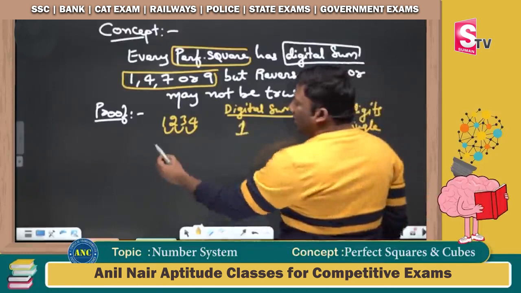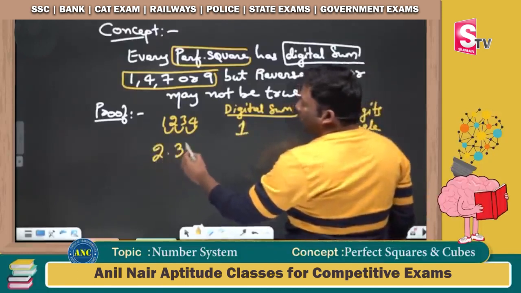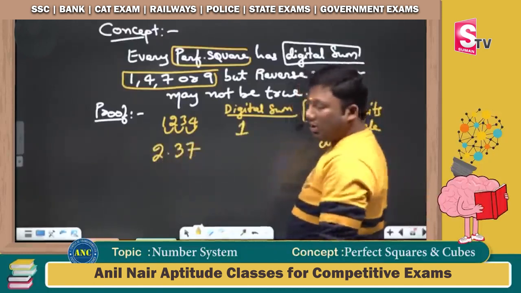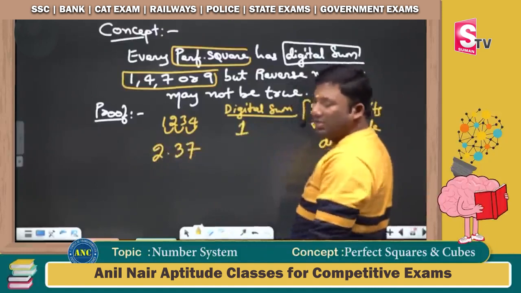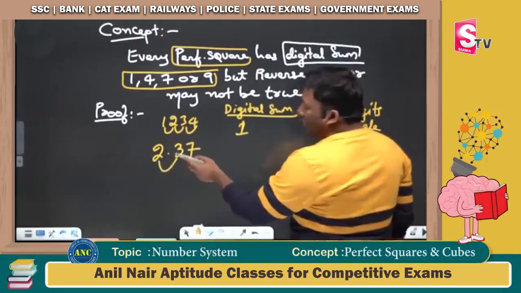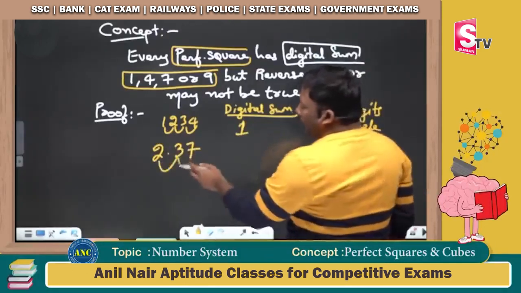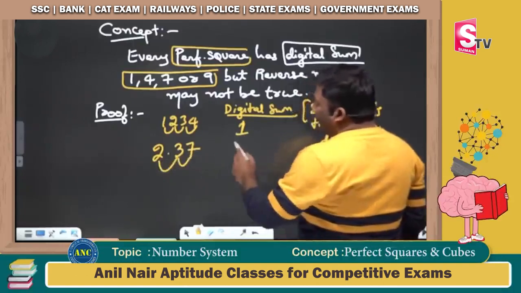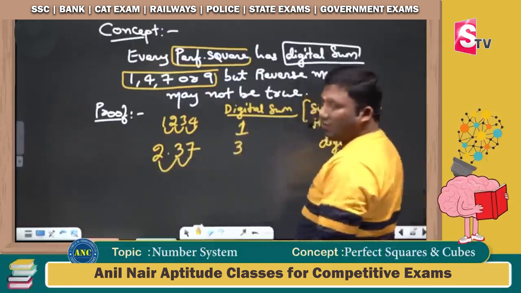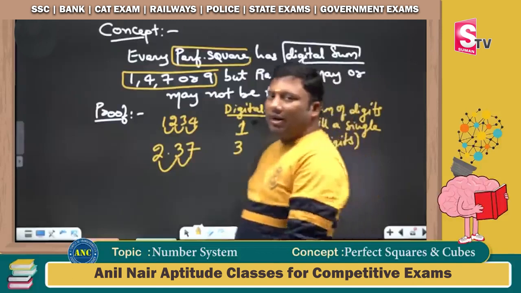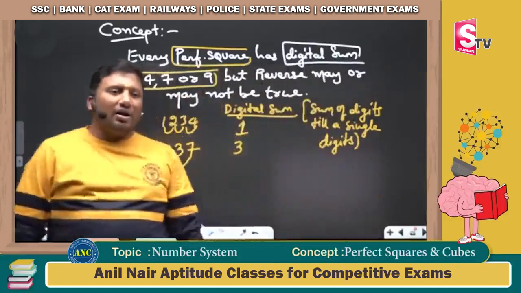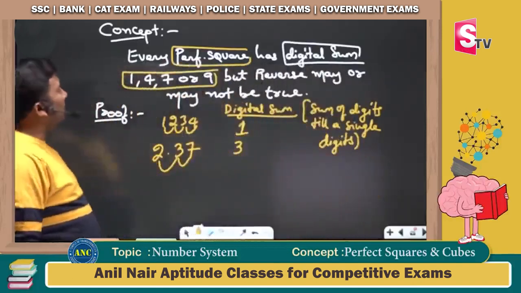Now 2.37: the point is not a digit, so just add the digits. 2 plus 3 is 5, 5 plus 7 is 12. 12 is nothing but 3.